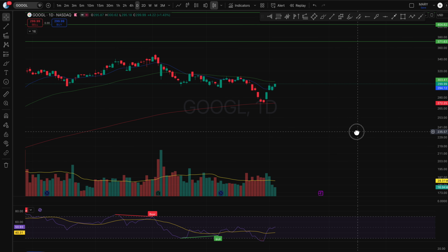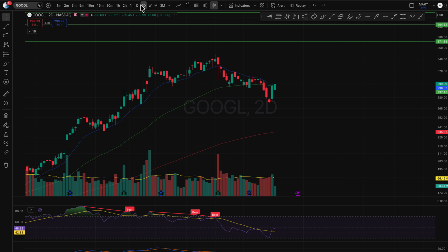On the daily chart, currently there is a resemblance of, actually not on the daily chart. Right here, on the 2-day chart, we have a possible variation of a morning star, which is a possible bullish pattern from a downtrend.